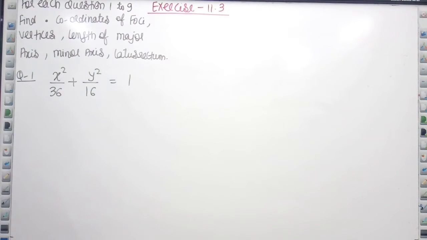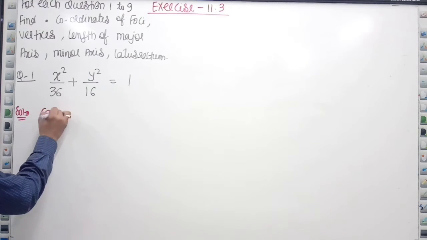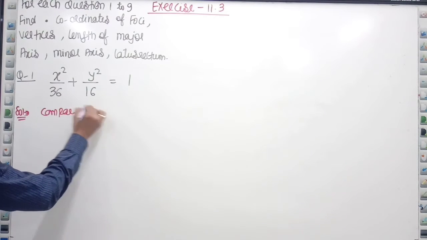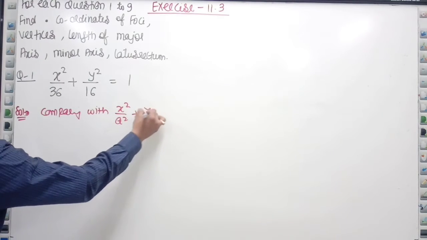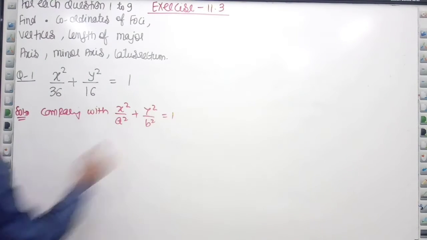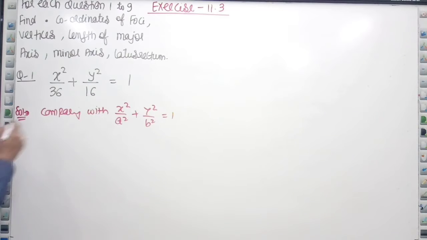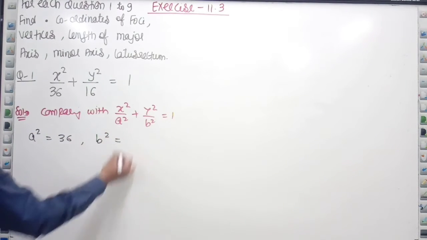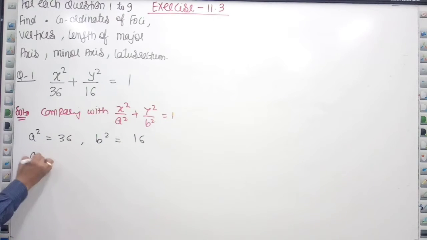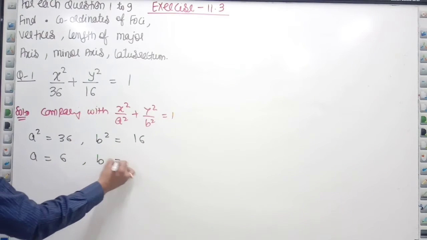The first question we have is x square by 36 plus y square by 16 equal to 1. The first thing I will do in every question is compare it with x square by a square plus y square by b square equal to 1. a square is 36 and b square is 16, so a is 6 and b is 4.